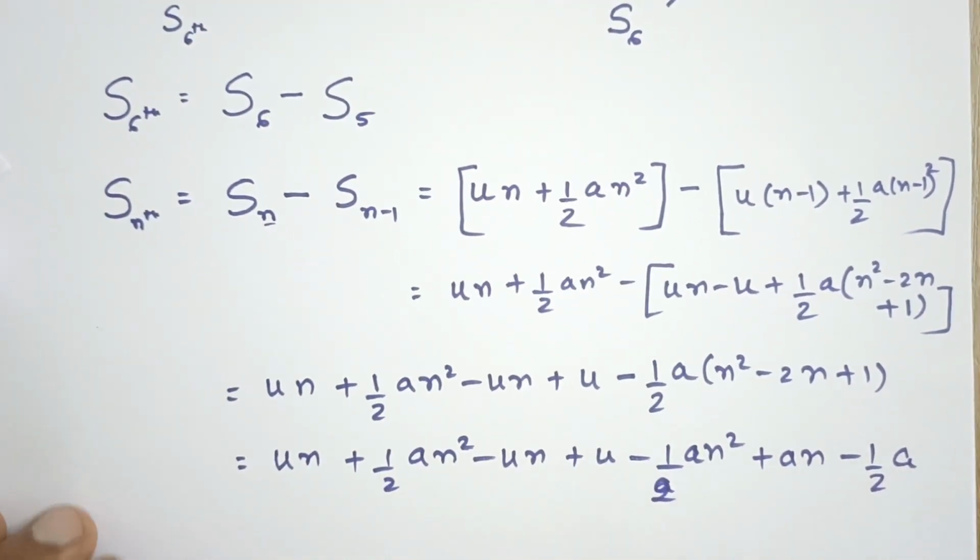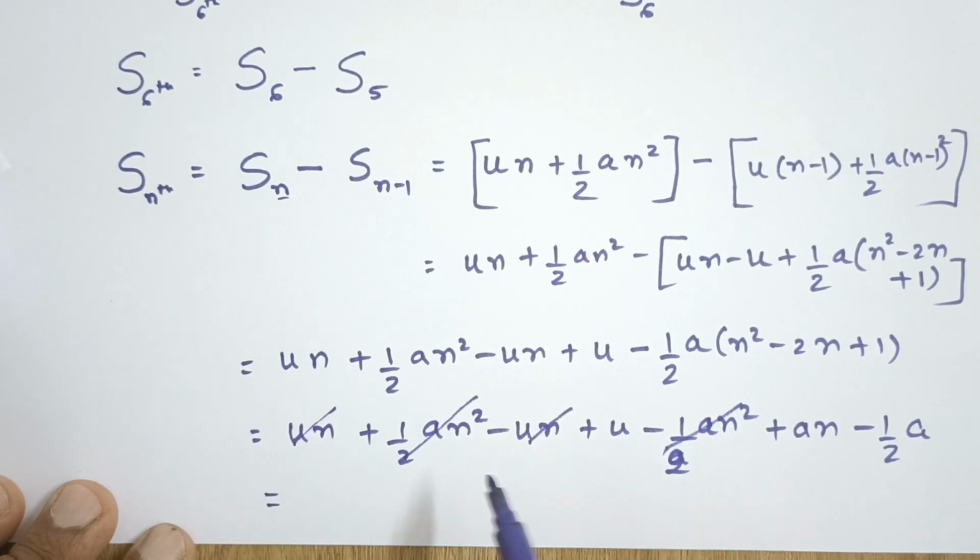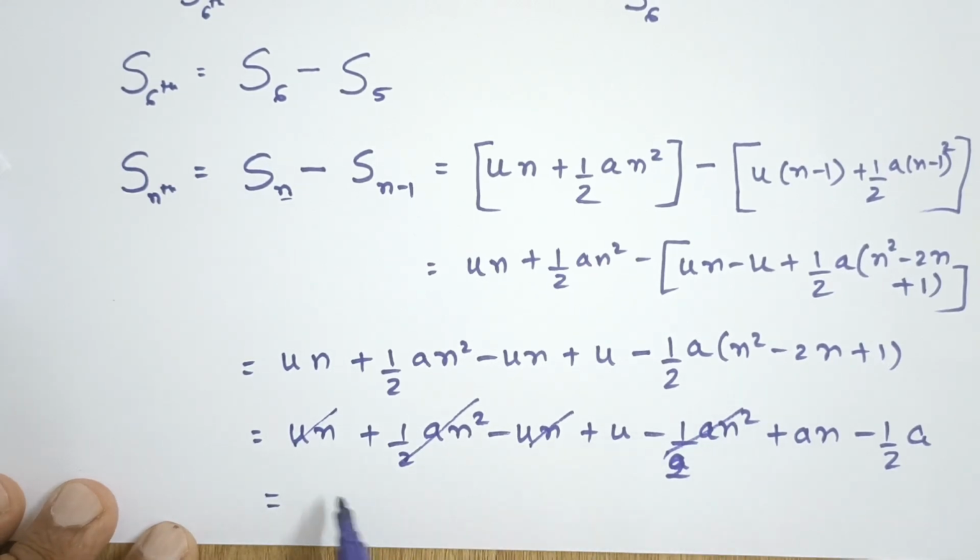Now what gets cancelled over here is un minus un, half a n square minus half a n square, so what is remaining is u, then plus a n minus half a.